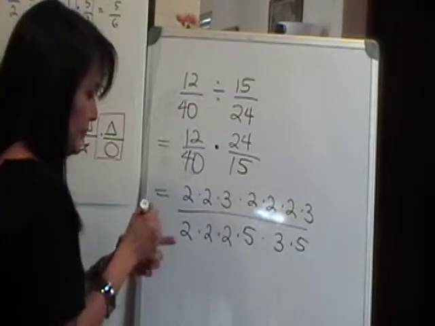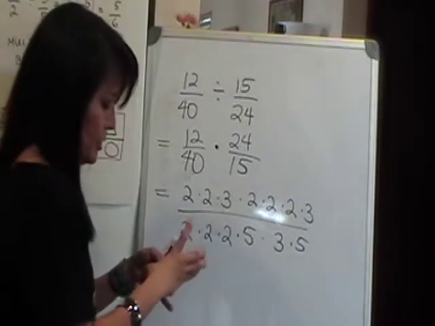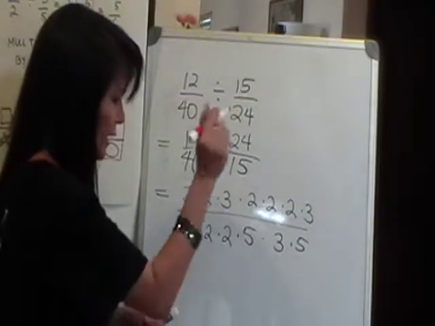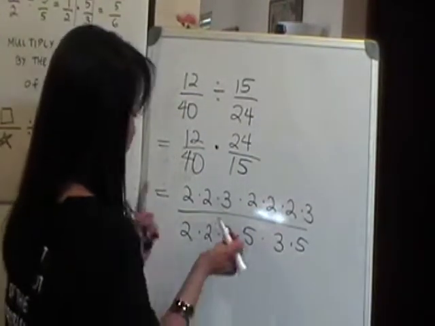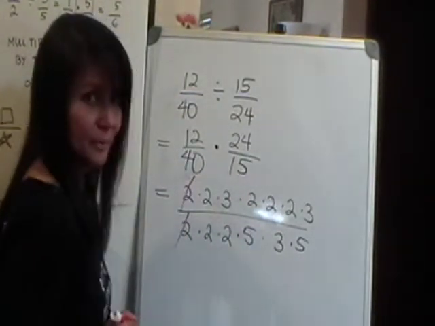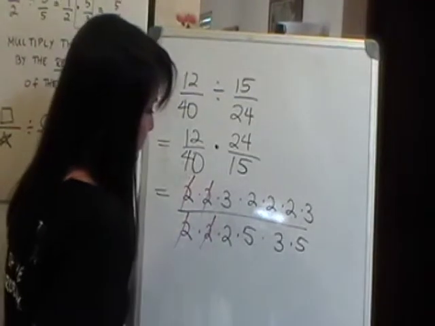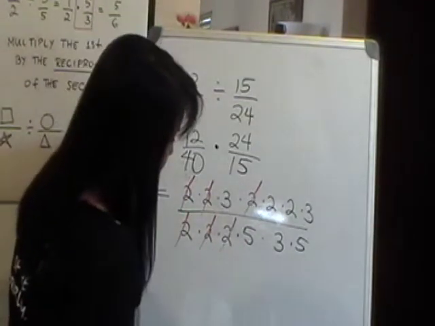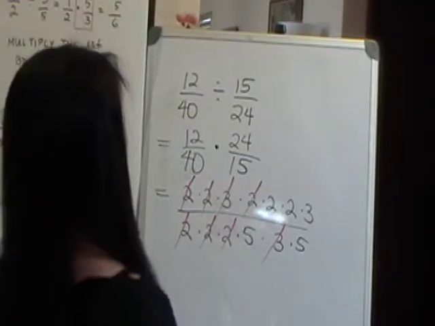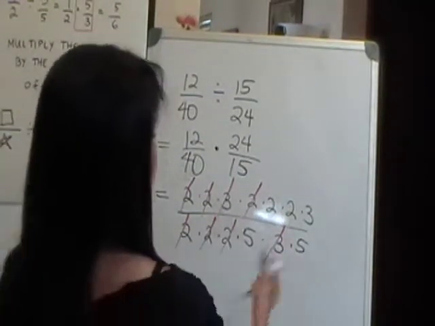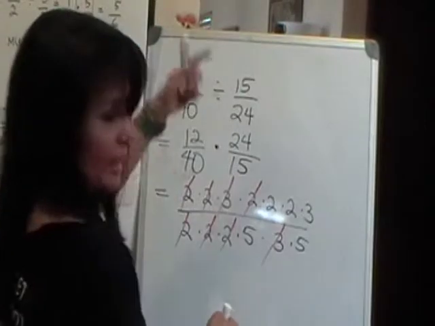Prime factorize them. I am ready to get my chopping pen and release all my aggression and chop 2 with 2, this 2 with this 2. I see this 3 with this 3. And I guess I'm not as good as in my last example.